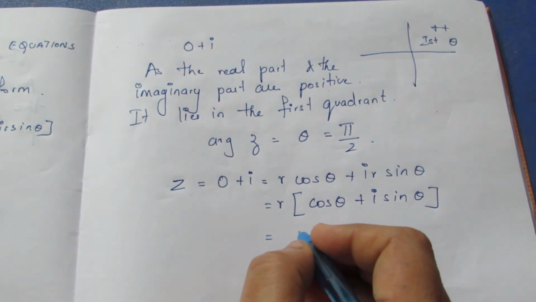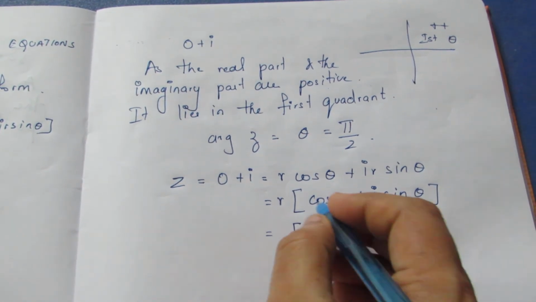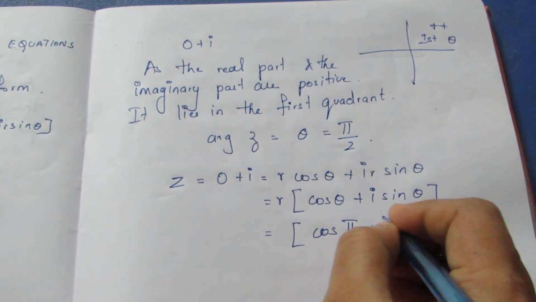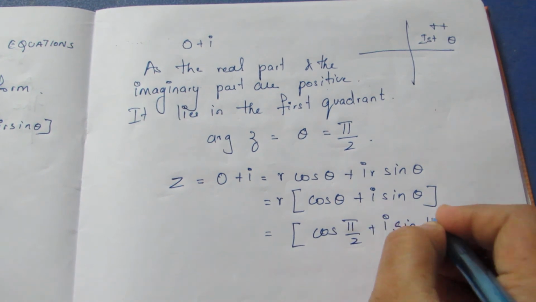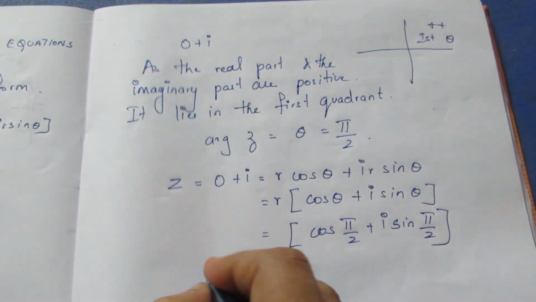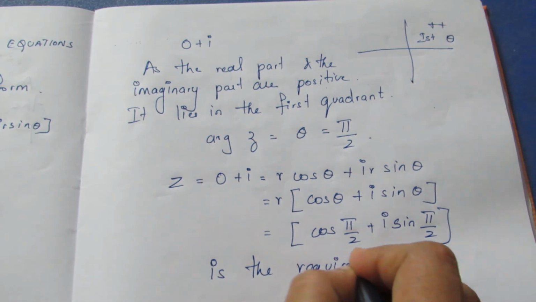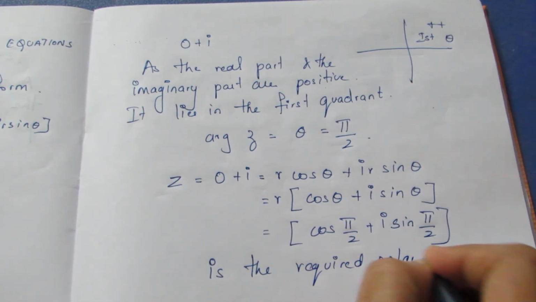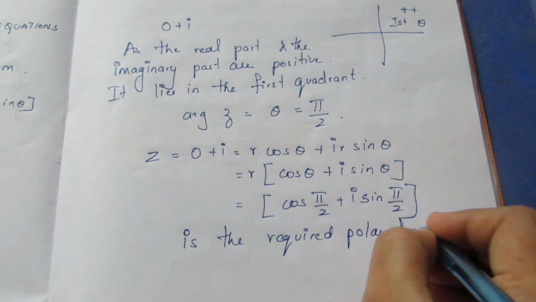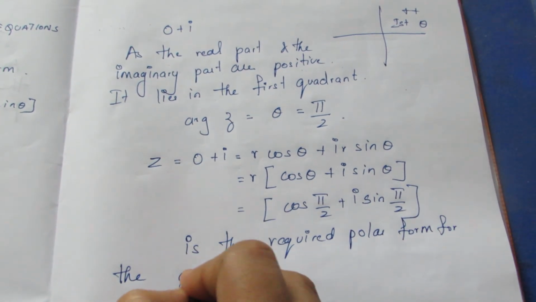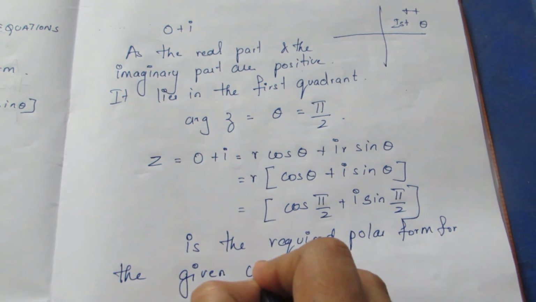So writing 1 or leaving 1, both are same. So here it is cos pi by 2 plus i sin pi by 2 is the required polar form for the given complex number i.